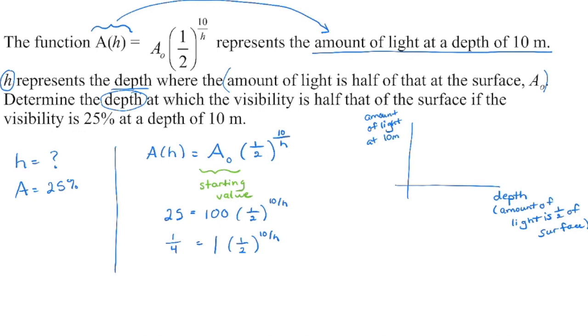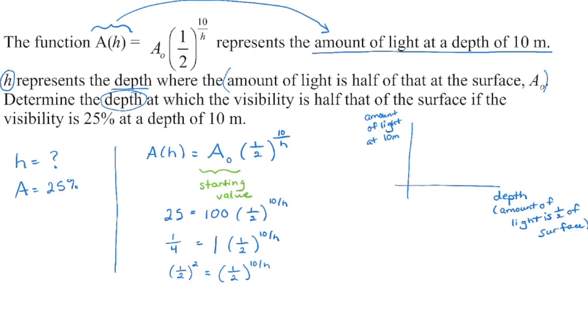and then I can see already that this is something I would be able to solve algebraically because I can change this left side into a base of 1/2 if I put 1/2 squared, and then the right side here would just be 1/2 to the power of 10 over h. I now have written both sides of the equation with a power with the same base, and again, that 2 is applied to the 1 and the 2.